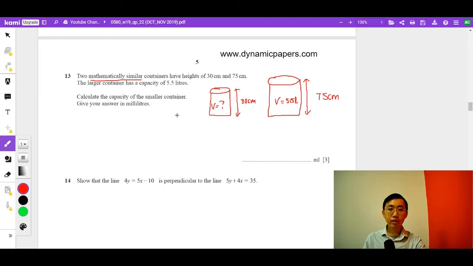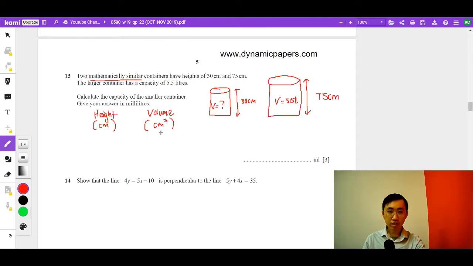Okay, so whenever you do this topic, you lay out your working like this. The teacher can see that they give us height, so you write height. The next information is volume, so we're going to write volume. Understand that the height unit they have already given us is centimeter, and I know they give us liter, but I want you to understand that volume can also be centimeter cube.